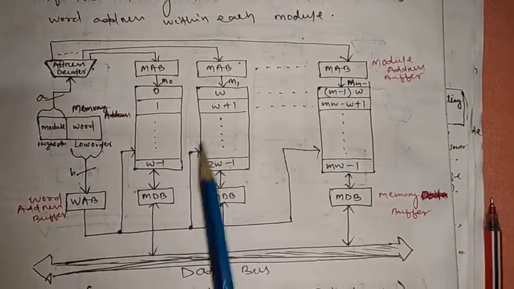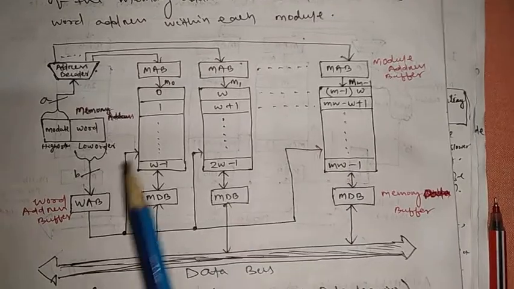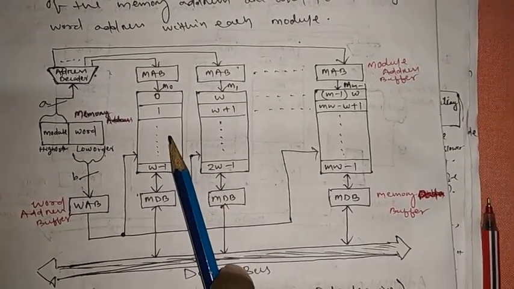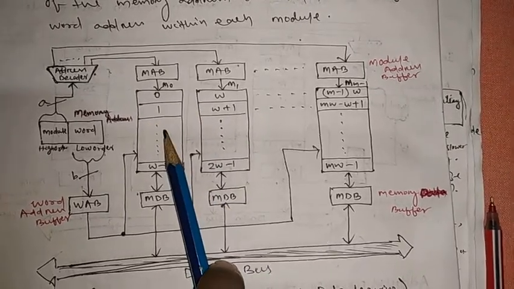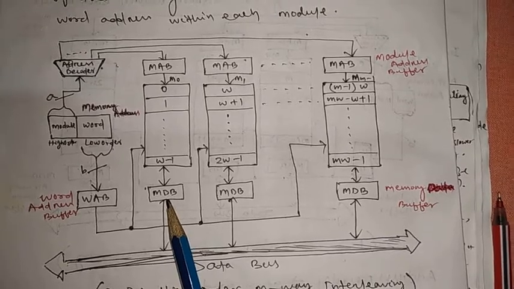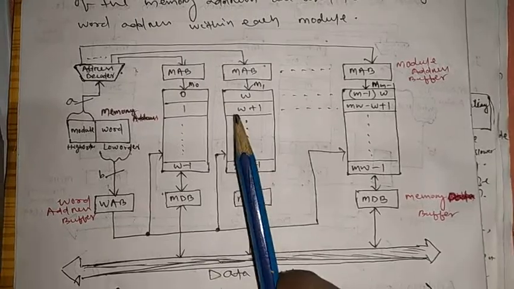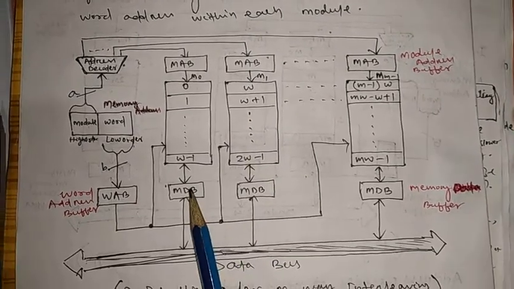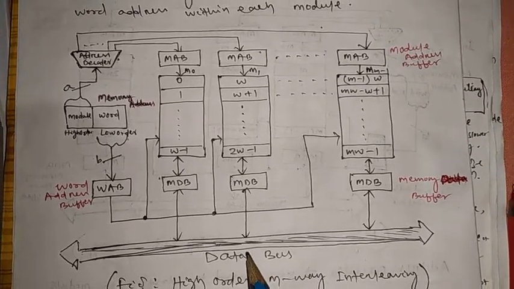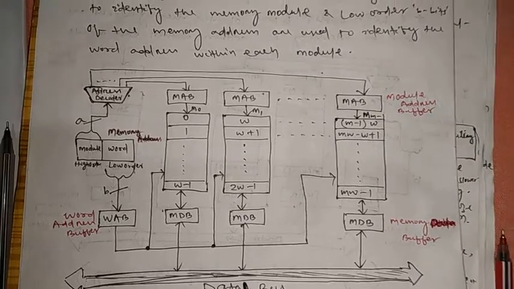After getting the module address and word address, the data is fetched from the corresponding module to the data bus with the help of MDB, which is the memory data buffer. After fetching the data from the module to the data bus, the CPU or IO device can access it by connecting to the data bus, similar to low order memory interleaving.